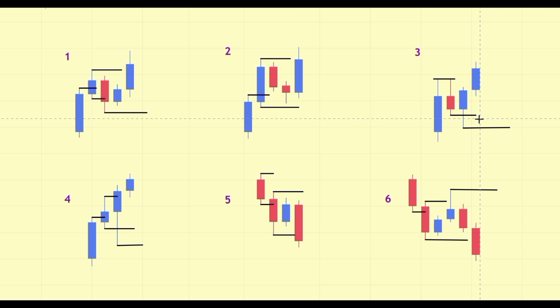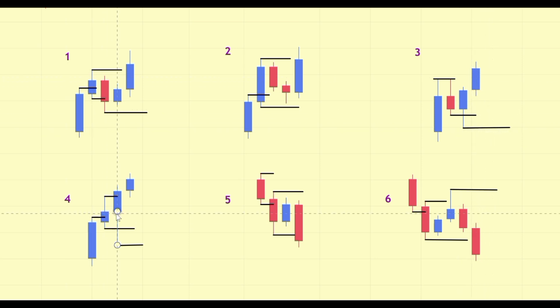Actually, it doesn't matter. In this scenario, I said if the highs are equal, then we will pick the second candle. Once the second candle's lowest point is broken, either by a wick or a candle close, and then the high is broken, then that's a confirmed valid break of structure.